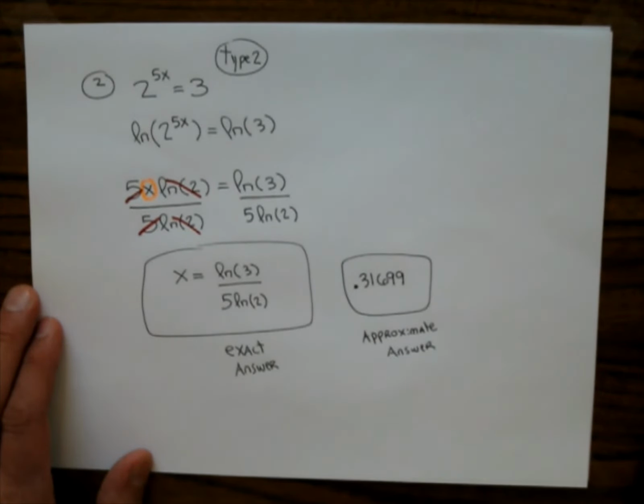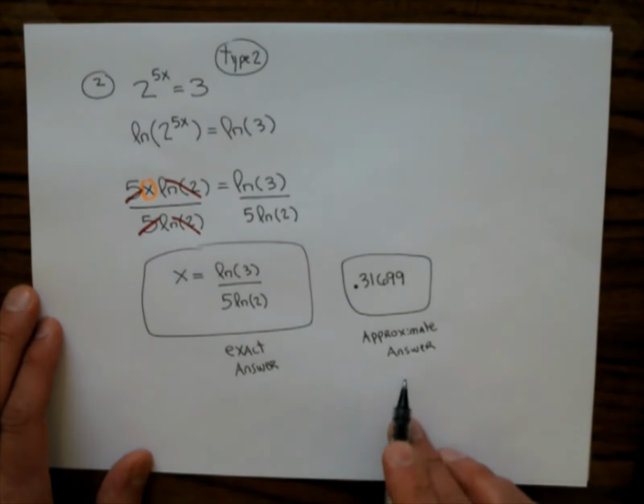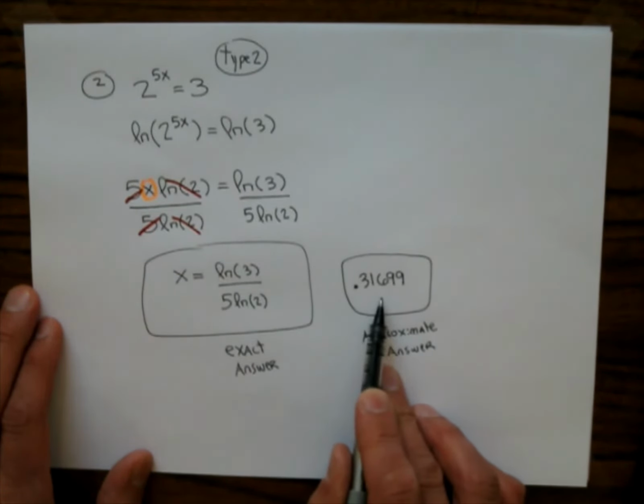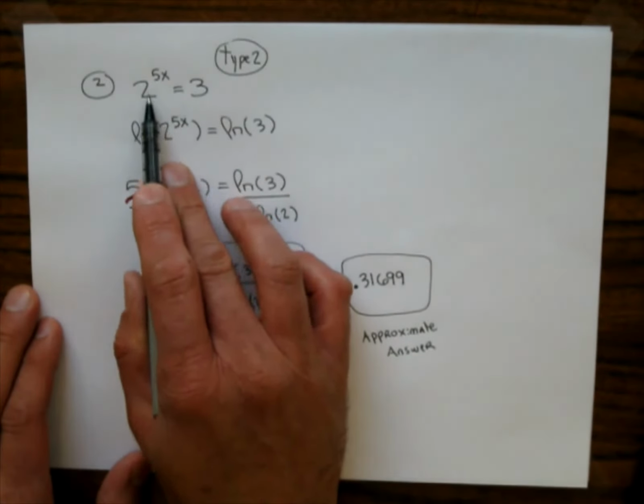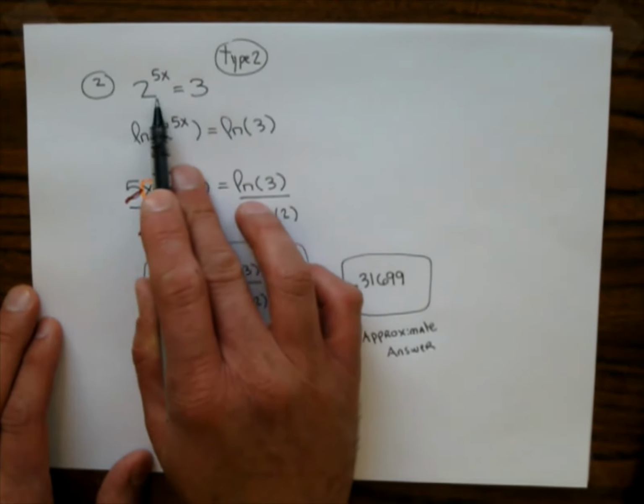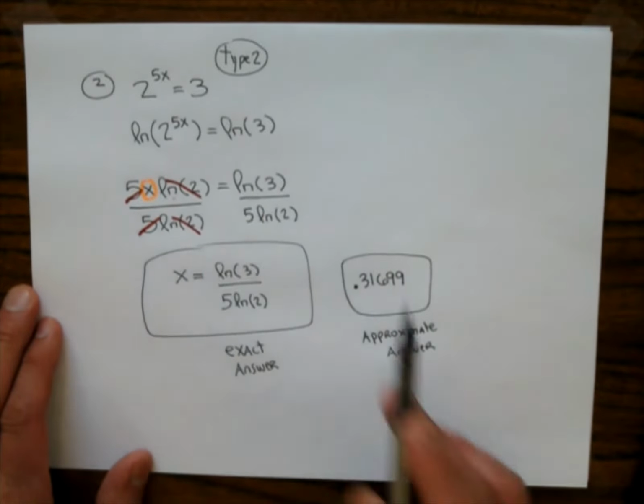So 0.31, and then multiply that answer by 5. And I'm going to go 2 raised to that power. So what I did is I took this answer and plugged it back into this equation in the calculator, and I ended up getting exactly 3.